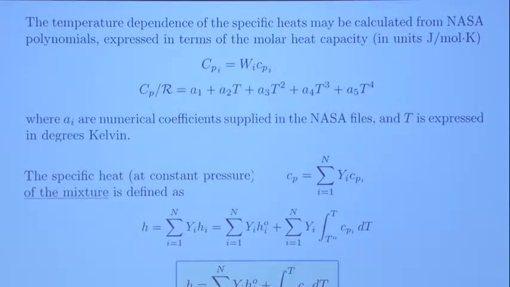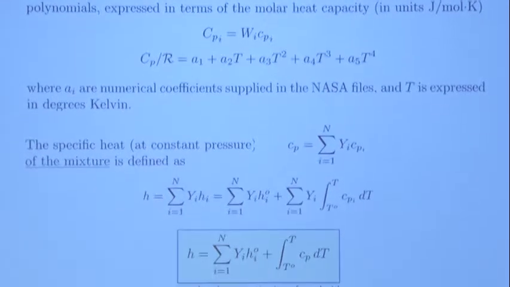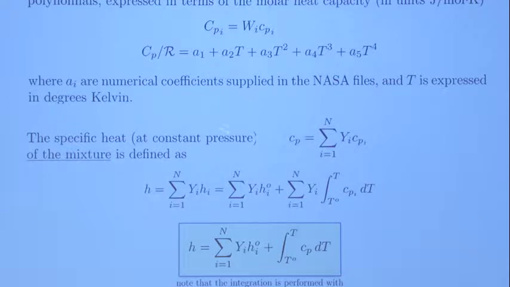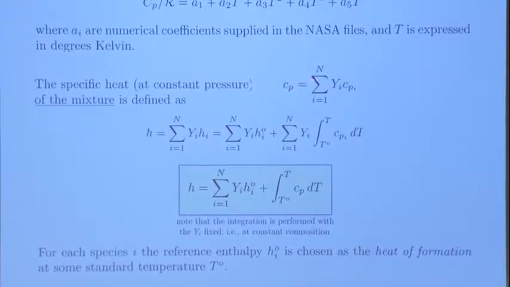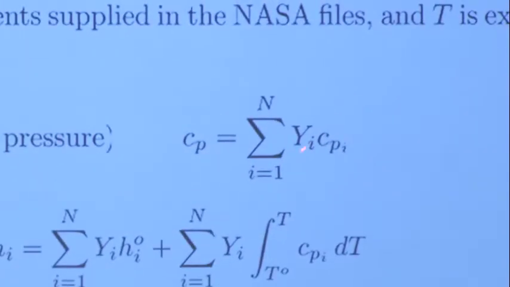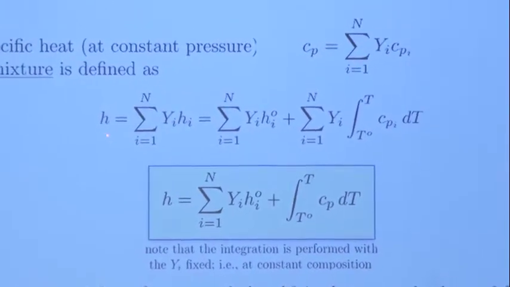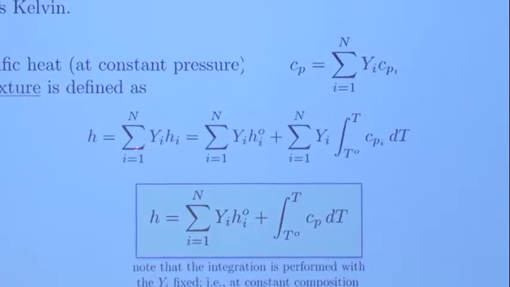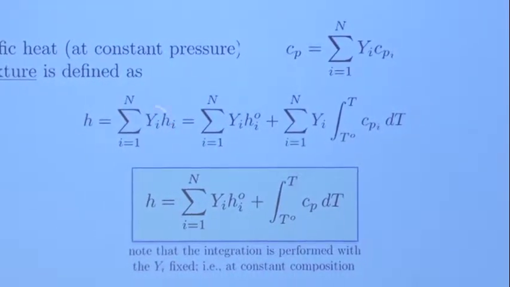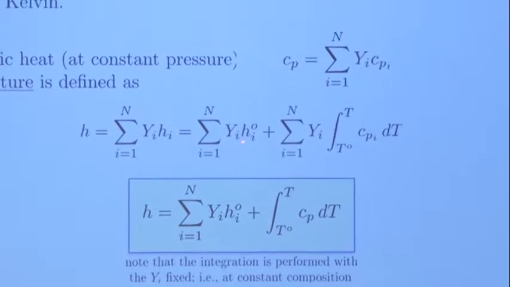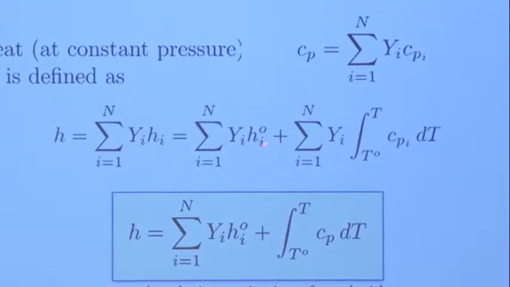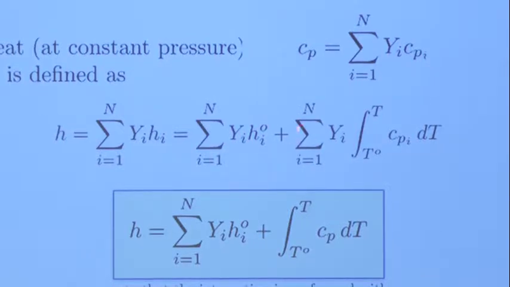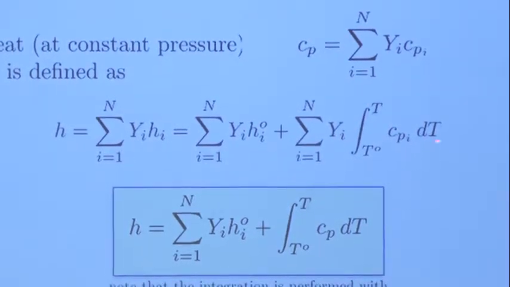In most theoretical studies, we assume that Cp is constant, but we are going to do that later. The specific heat at constant pressure of the mixture can therefore be defined as Cp being the sum of Yi Cpi, in other words, mass weighted. As a consequence, the enthalpy can be written, for example, as the sum of Yi Hi, that's the definition, and therefore can be written as the sum of Yi times the specific enthalpies, as we call them, the reference enthalpies, plus Yi times the integral of Cpi dT.